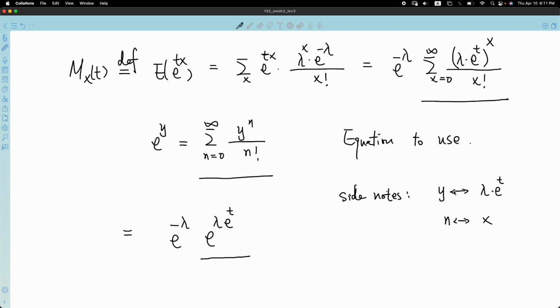So this part I'm going to call y, and then the x I'm going to call n, and plug into this y and n here. So you just have e to the power of y, and the y is this one. So e of y is just e of this.